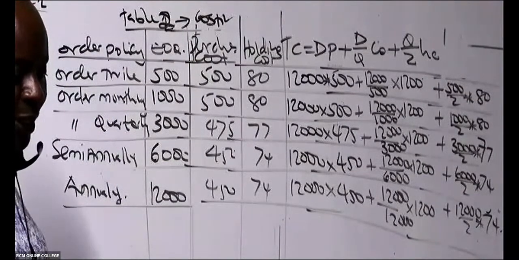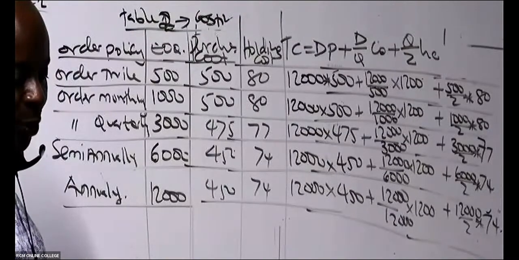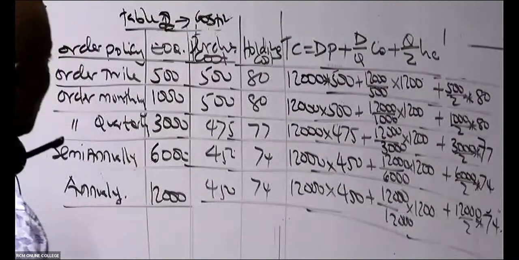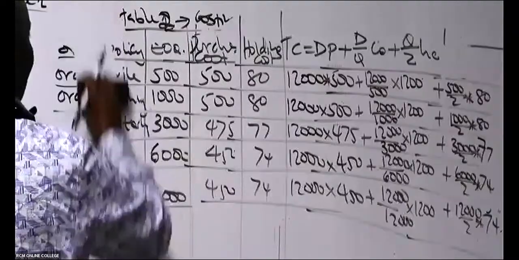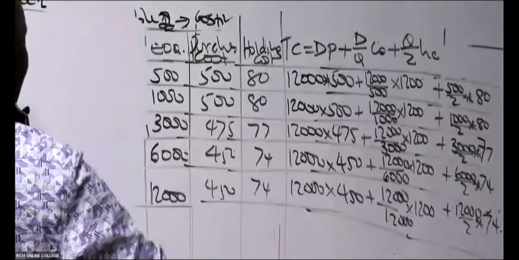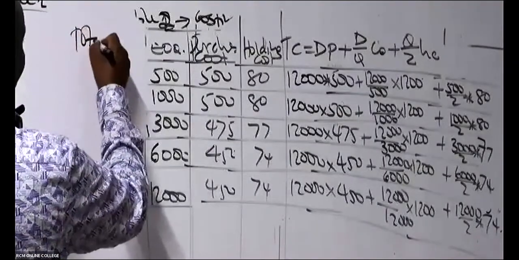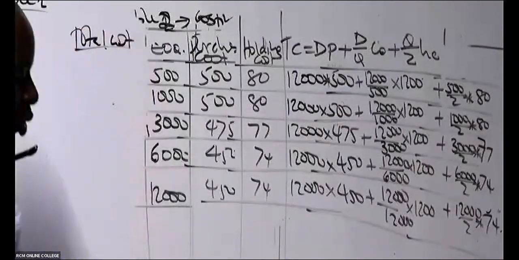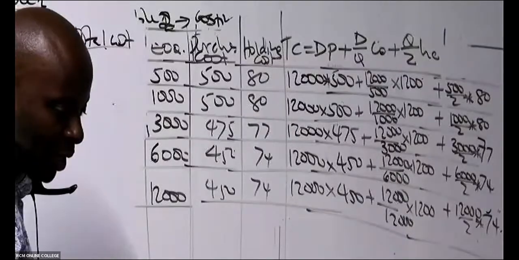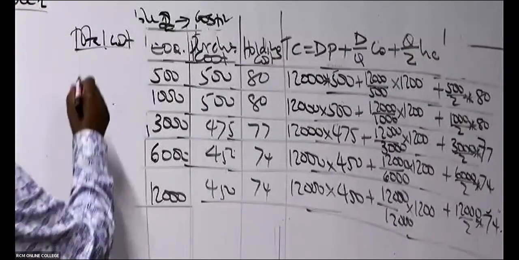So according to Bahati, the first one is supposed to be 60, 48, 800. Allow me to write here. Total cost.